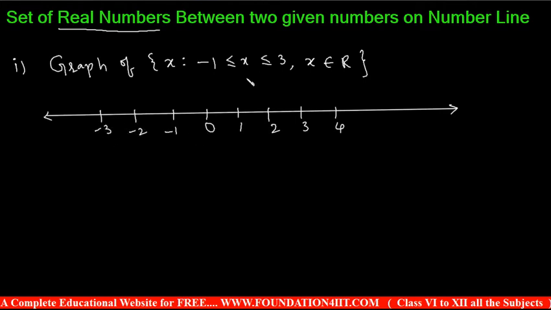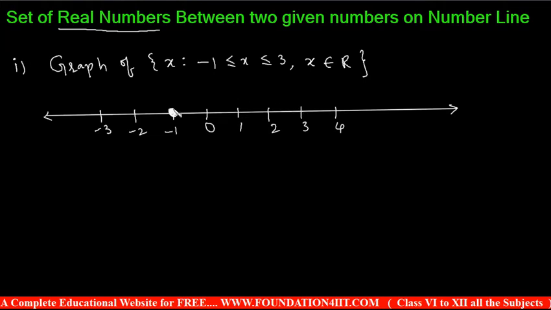Here x is between -1 and 3, including -1 and 3. Because of the equal symbol, we should keep a circle and fill it in. If it is not included, it is a hollow circle, which we'll see in the next example. So -1 is included, and 3 is also included.